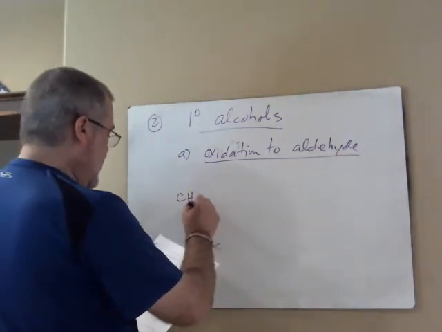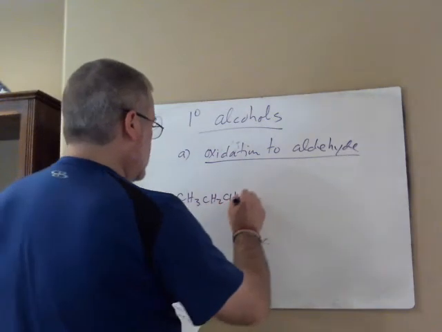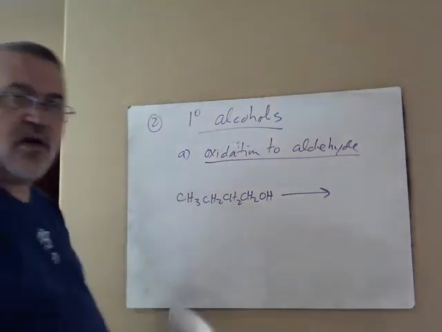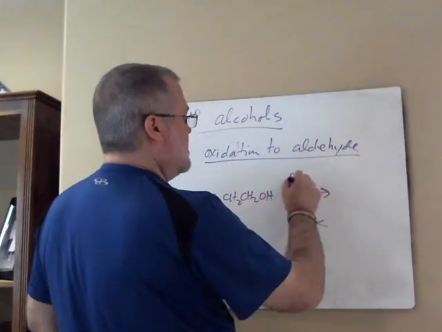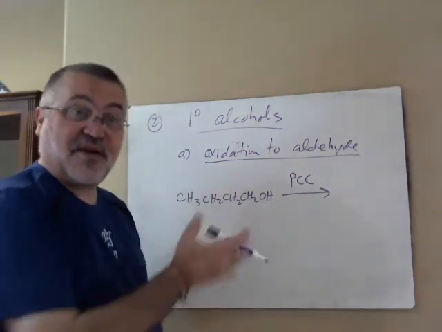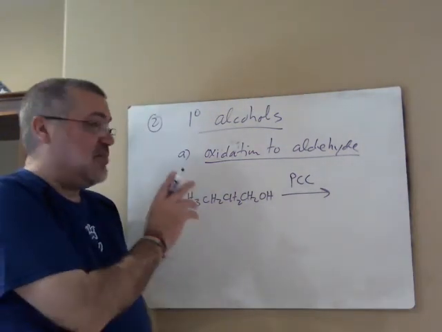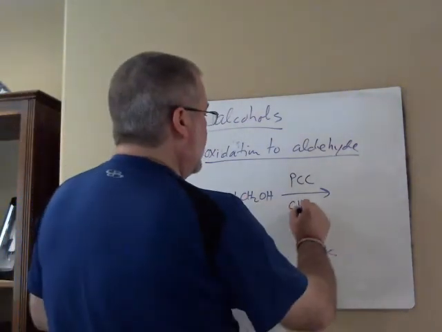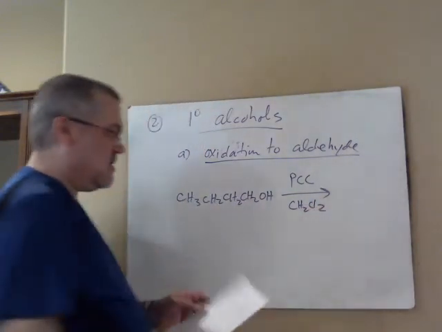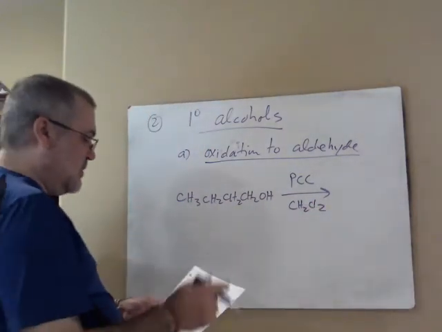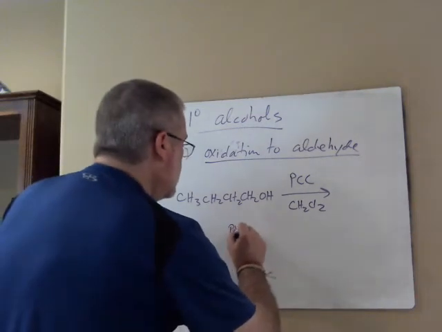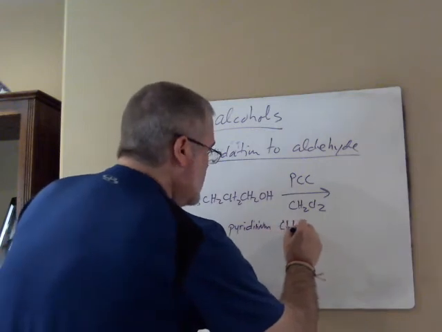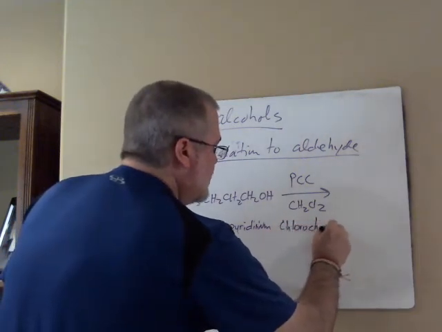If you have a primary alcohol, you're going to react it with a reagent called PCC. I know that that's not one of the common oxidizers I just listed, but you're actually going to see that it is. It's a derivative of one. PCC, and by the way, that's the abbreviation that you can use, is pyridinium chlorochromate.